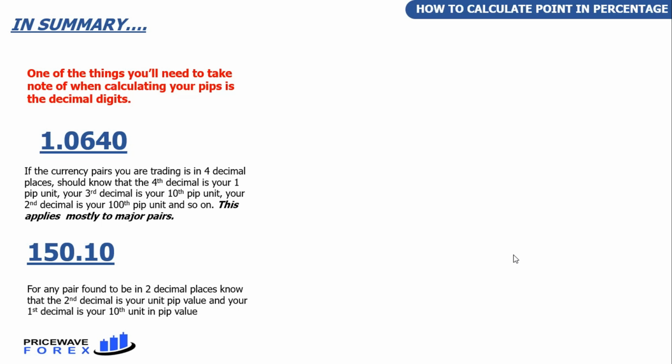When it is in 4 decimals, your fourth decimal place is your 1 pip unit, and when it is in 2 decimal places, your second decimal is your 1 pip unit, and your first decimal is your 10 pip unit.